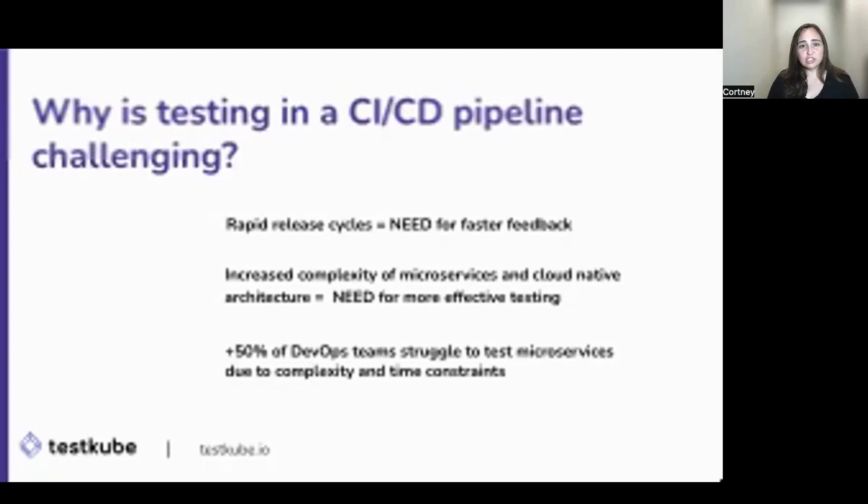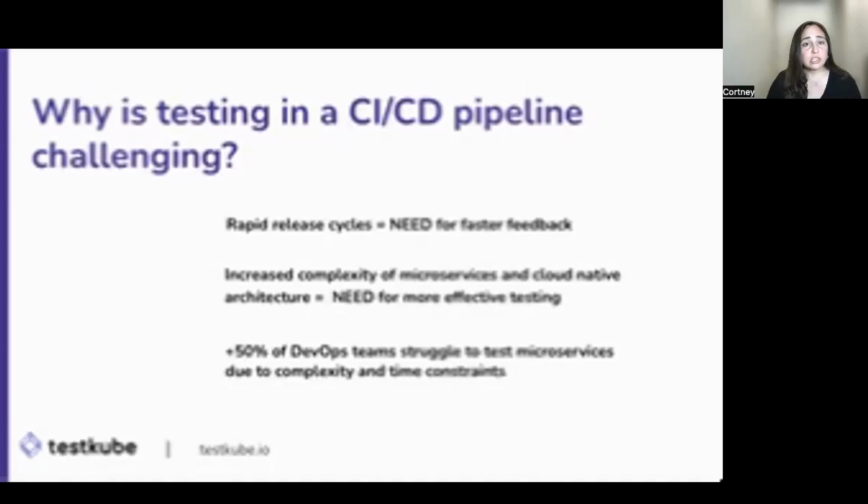One of the most pressing issues is the need for rapid feedback, shorter feedback loops. As release cycles shorten, the pressure to identify and fix bugs quickly drastically increases. And we see this all the time, right? Time to market and roll it out as quickly as possible. And that becomes really difficult to do when you're trying to test at scale.